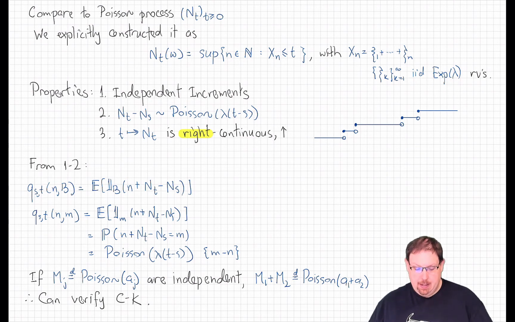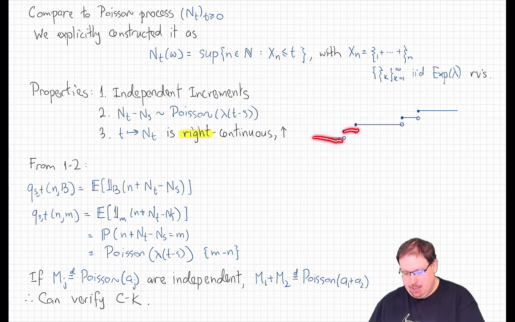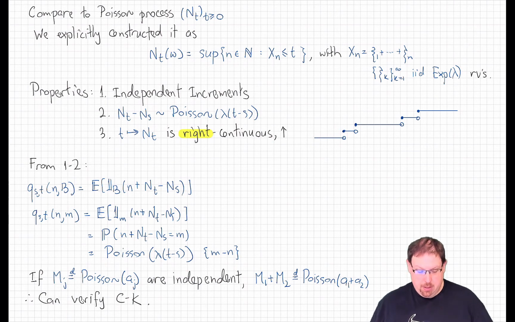And importantly, those paths were not continuous, of course, since they're piecewise constant, but right continuous and non-decreasing. That is to say, the paths typically look like this. You have jumps of height 1, and at the jump, the value of Nt is always at the top, not the bottom or somewhere in between.